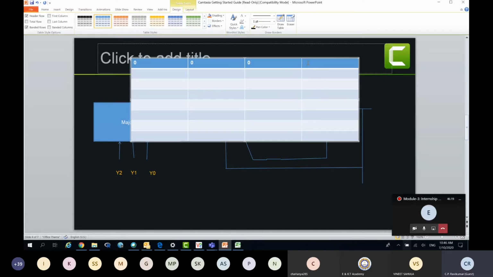Then the output is 0, because the majority of 0, 0, 0 is 0. Here also the output is 0. This output is 1 because two of them are 1. Output is 0.